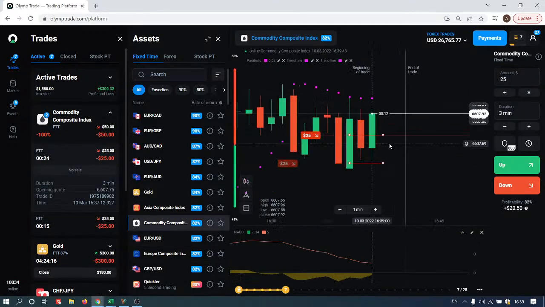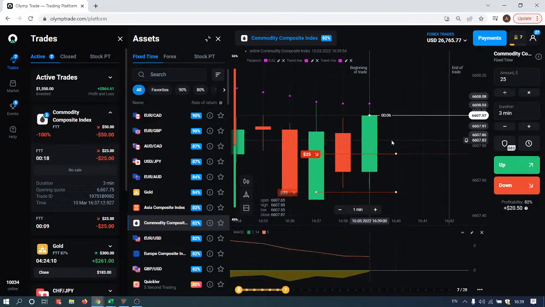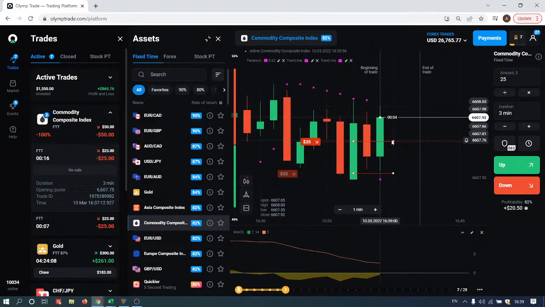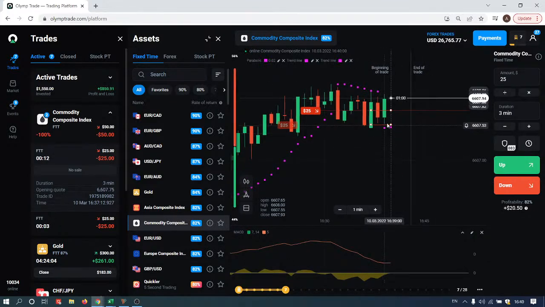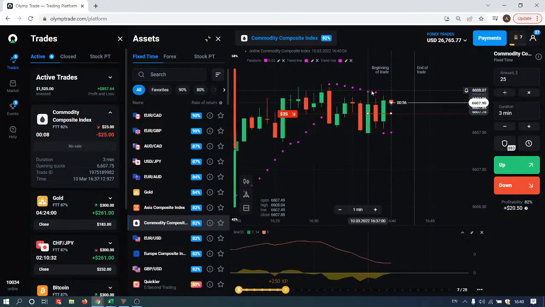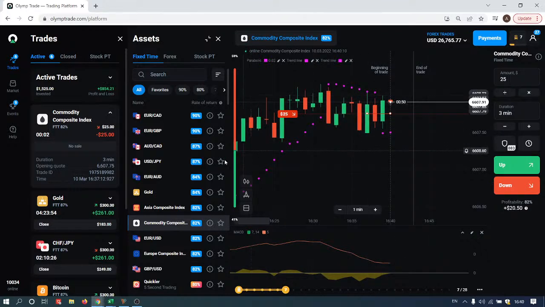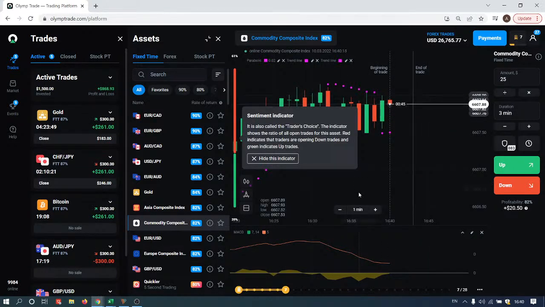All right, let's have a look how these trades close. All right, so I think now the signal is gone and we have reversed, and we can see that by the position of the parabolic SAR. Okay, so no more signal right now.